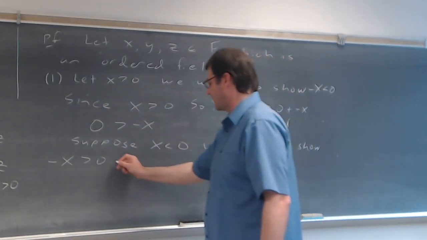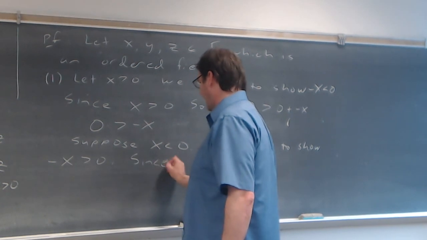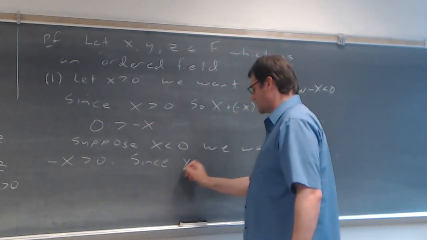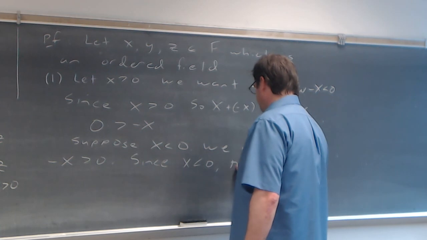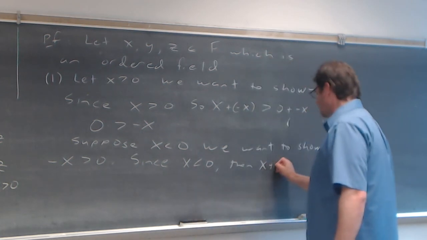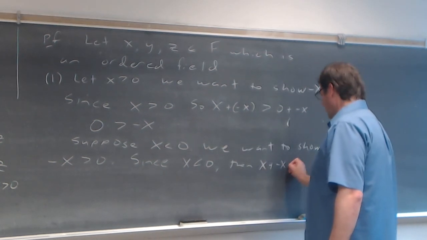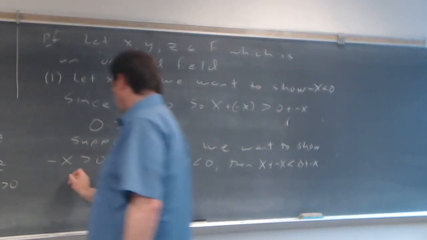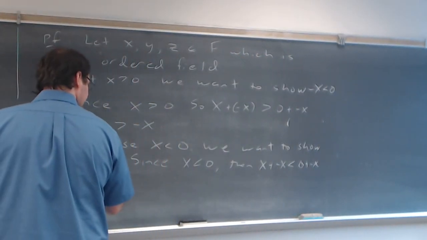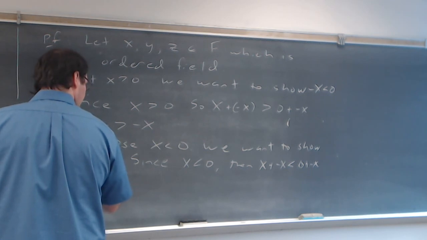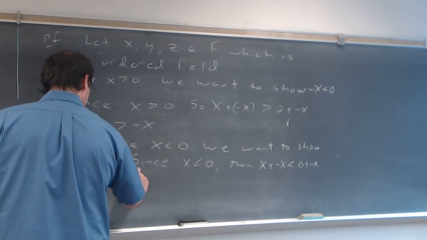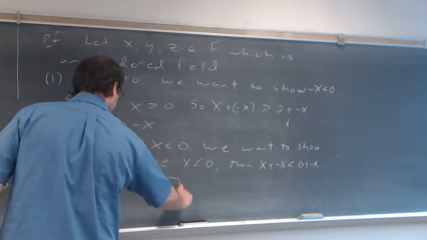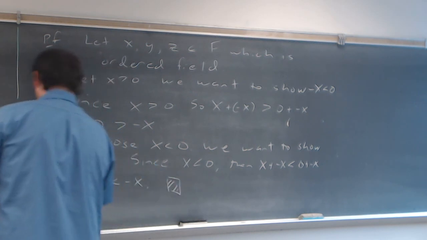And so we do the same thing in terms of adding to this inequality. Since x is less than 0, then x plus minus x will be less than 0 plus minus x. And so that says that 0 will be less than minus x. And that's what we wanted to prove for part one.